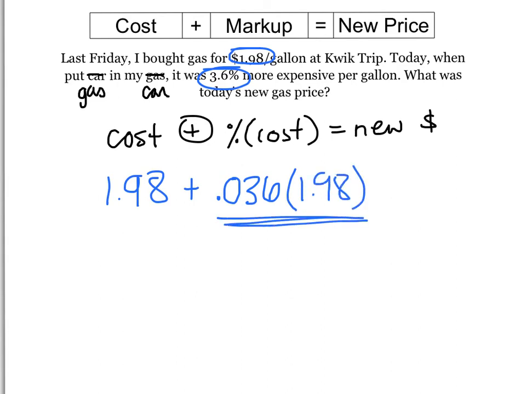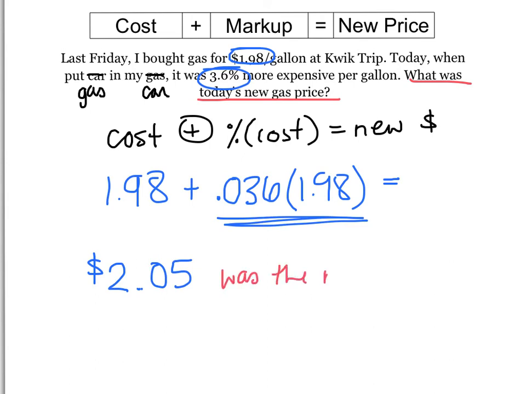This portion will get me my markup, and that is going to equal my new price. When you solve this equation, you end up with $2.05. So, to finish up my story problem, what was today's new gas price? It was $2.05.